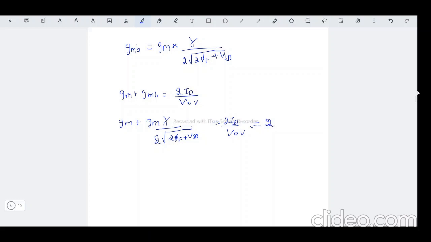So we know these values: 2 into 300 micro divided by the overdrive voltage, which is given as 150 millivolts. When I evaluate this, this would come around as 4 millisiemens.